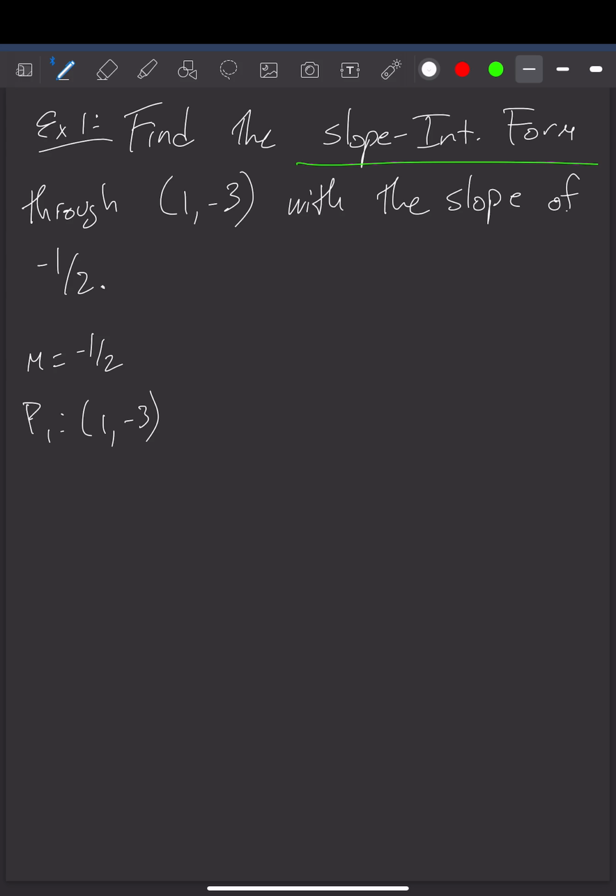So with this information, they're asking us to solve it for the slope-intercept form, which we know from the last slide is y equals mx plus b, right? But here's the problem. How do we use these two to figure out that formula? There's something that we also did in the last slide, which is the point slope formula.